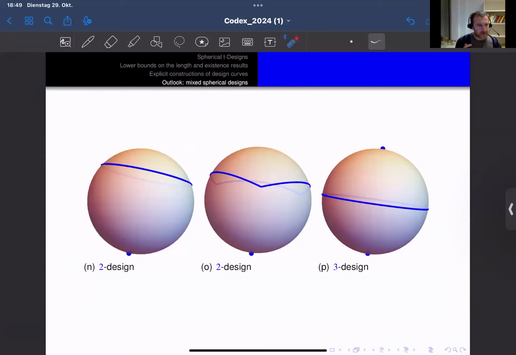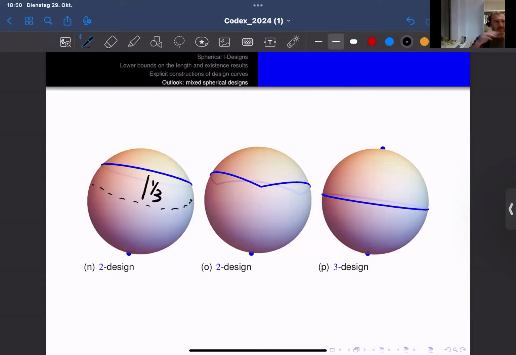So you can take the south pole, and if you pick a circle at the right height, so think about here somewhere is the equator maybe, this turns out to be a 2 design, or a mixed 2 design, and actually the height here is 1/3.